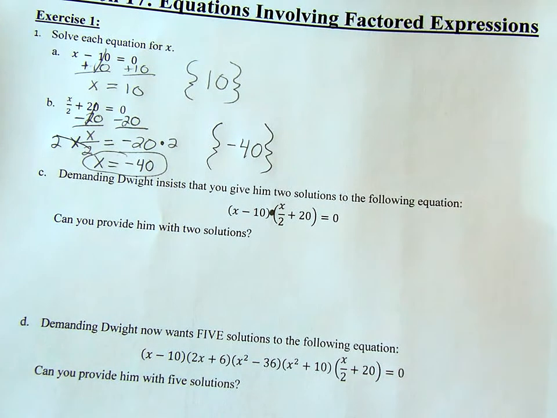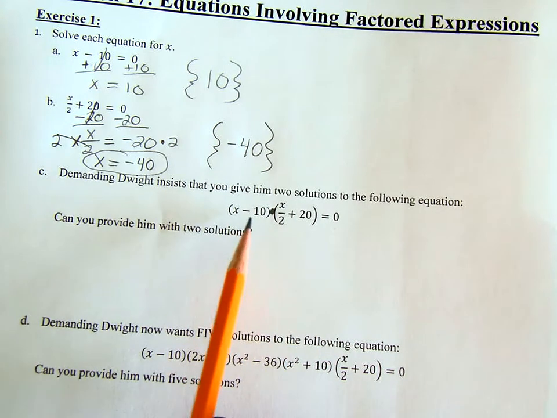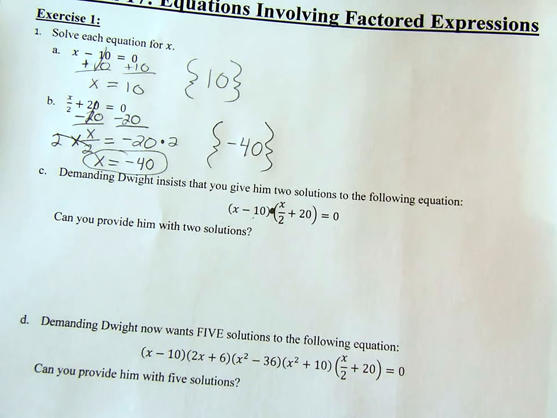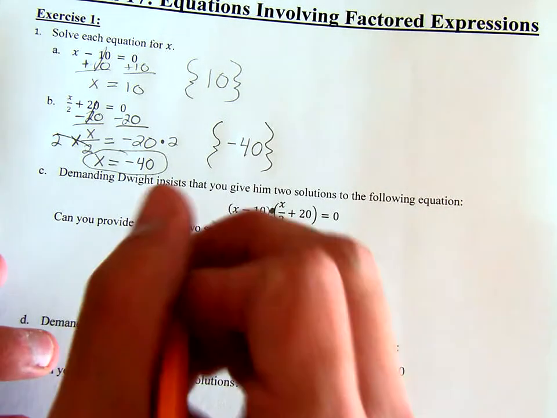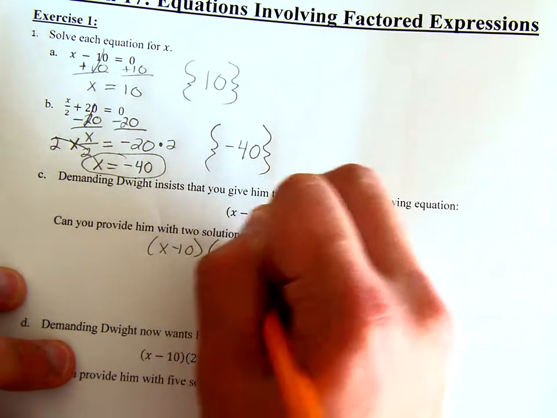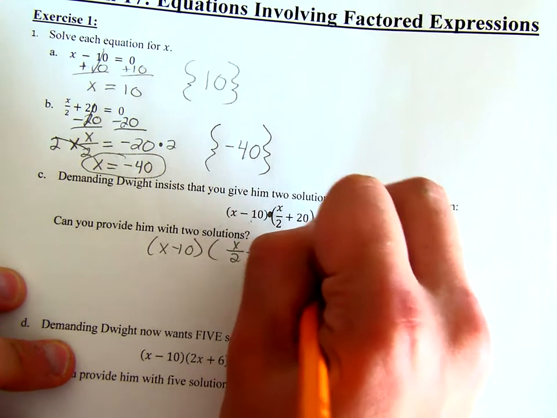Since we have multiplication, the only way that we can get the whole equation to equal 0 is if either x minus 10 is equal to 0 or x over 2 plus 20 is equal to 0. So, let's give them two solutions.